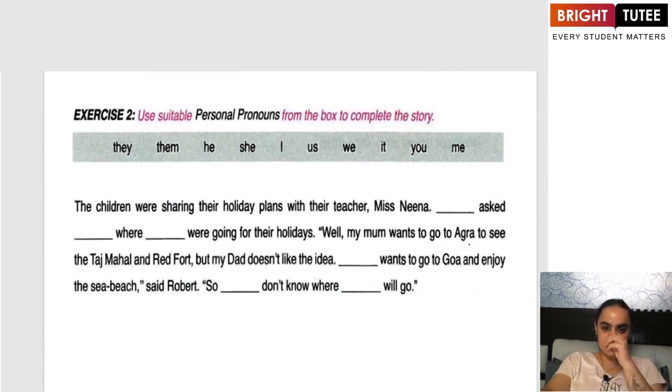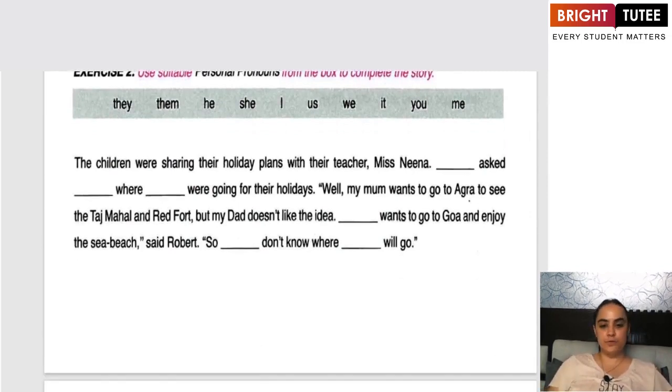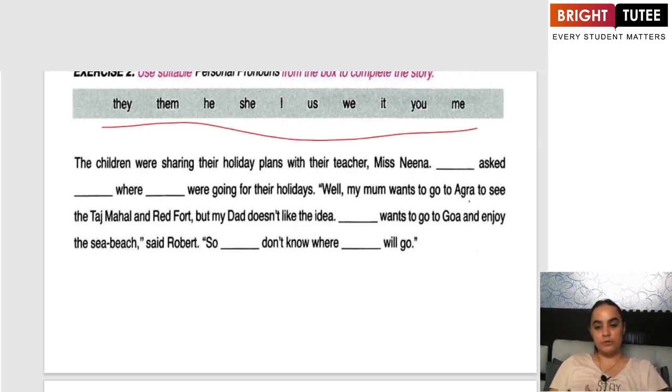The next question is, use suitable pronouns to complete the story. So there is a story which is given to you. You are given with the pronouns. You have to choose the correct pronouns to complete the story. The children were sharing their holiday plans with their teacher, Miss Meena. She asked them where they were going for their holidays.